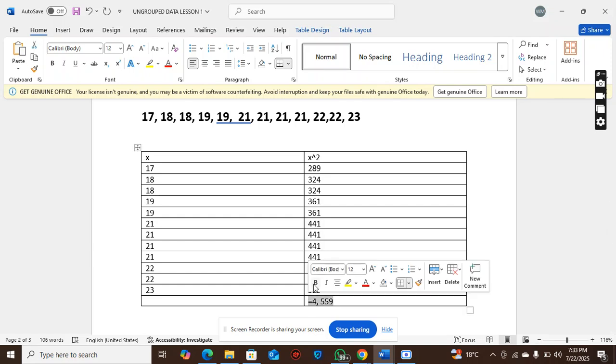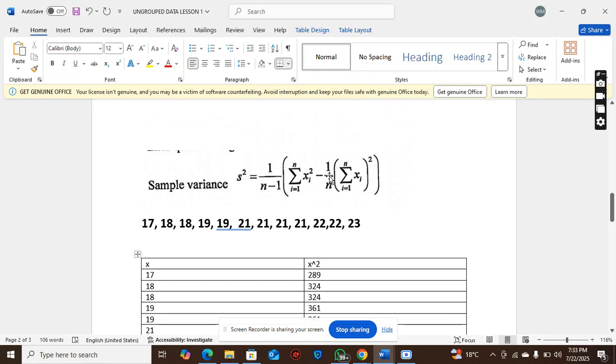All right. Wonderful. So after you have done this work, which is the only work you need to do, now it's just a matter of substituting into the formula.